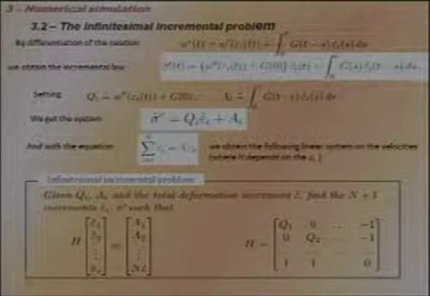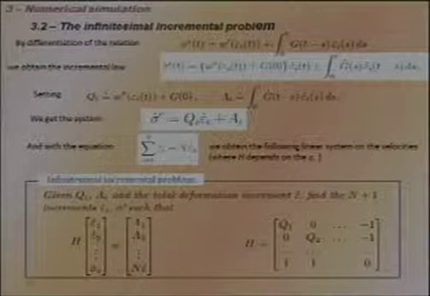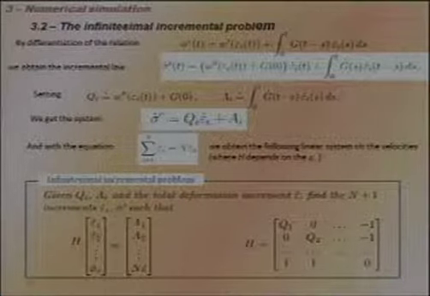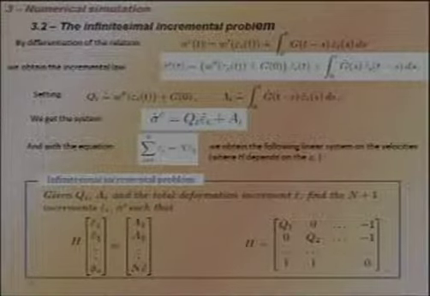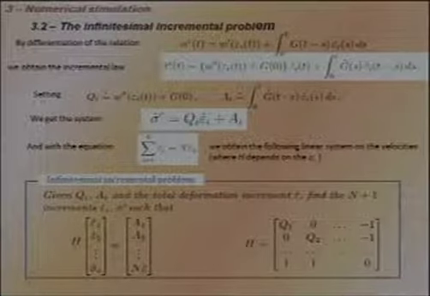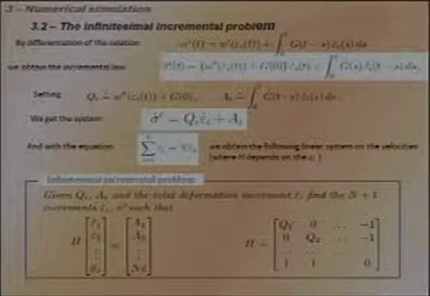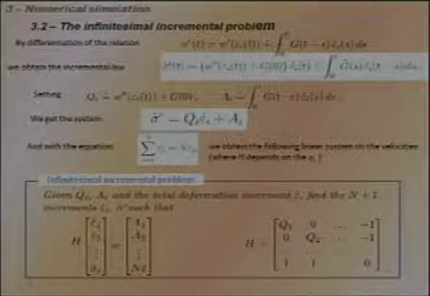We write an infinitesimal formulation of that. By differentiation of this relation, we get this incremental law. It can be written like that, with Qi equal to that and Ai equal to that.